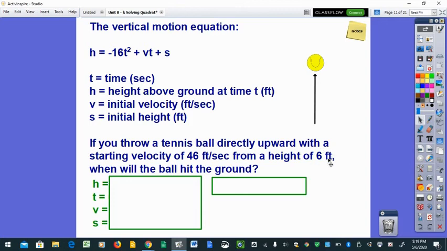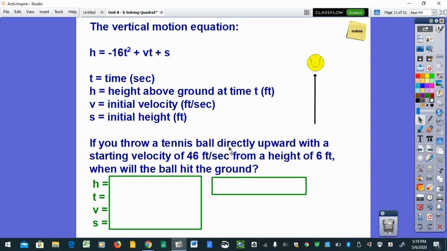So what is this 6 feet? We already have the V. Is that the S, the H, the T? It is a height, so it has to be S or H. And the question is, is it the start height, or is it the height at a given time other than the start height? You'll see that we start at 6 feet, so this 6 is going to be the S.